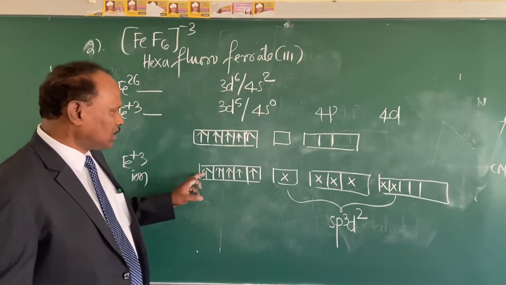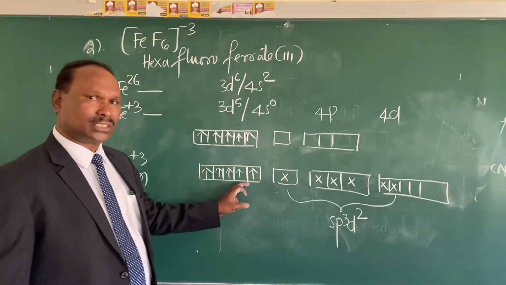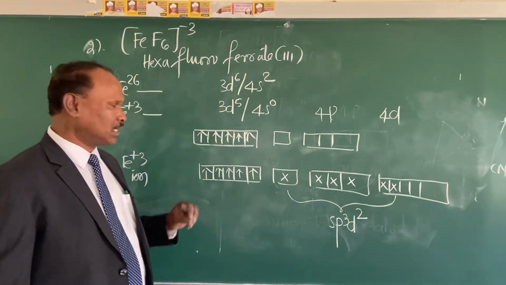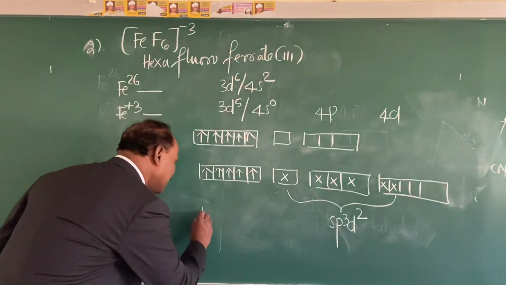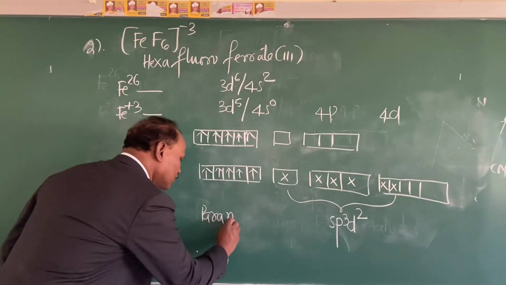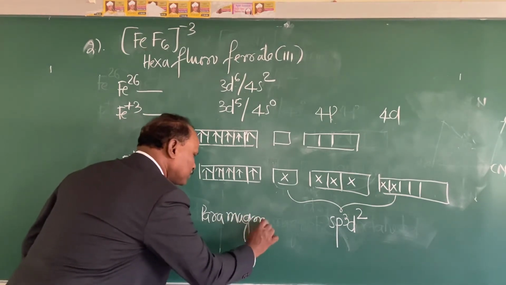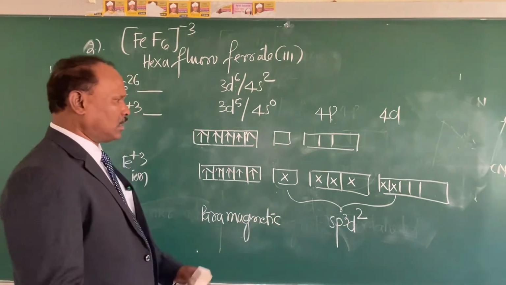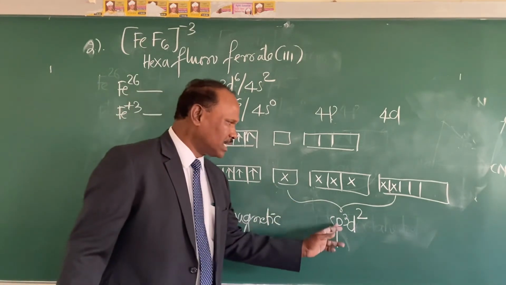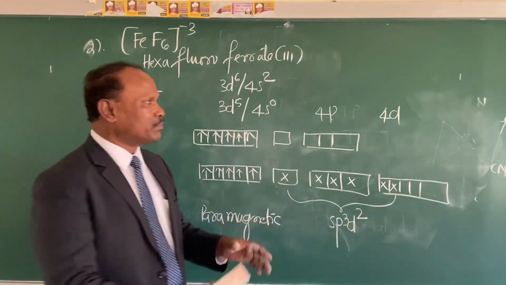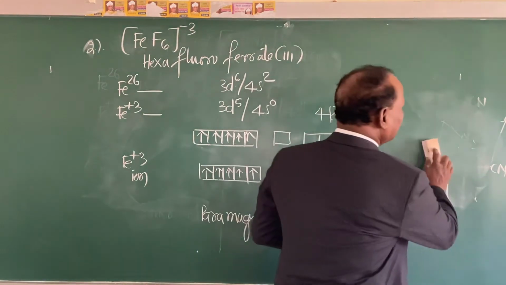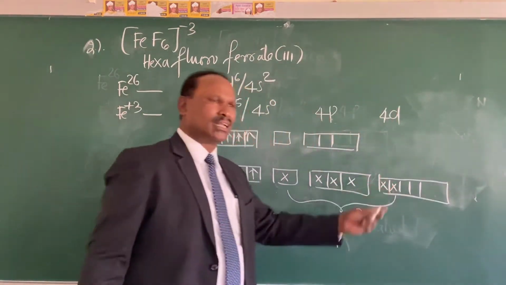There are 5 unpaired electrons. How many unpaired electrons? 5. That means it is highly paramagnetic in nature. Since it has undergone sp3d2 hybridization, once again the expected geometry is octahedral only.